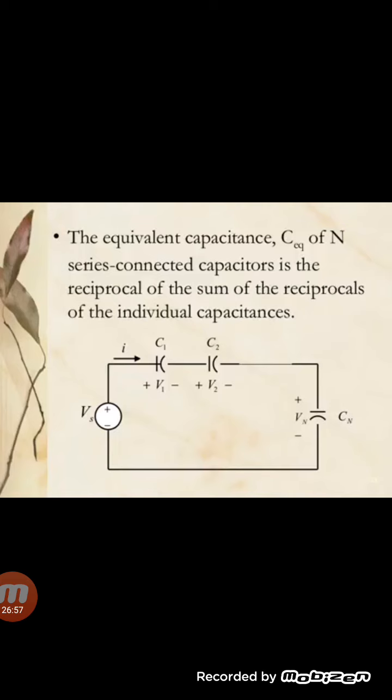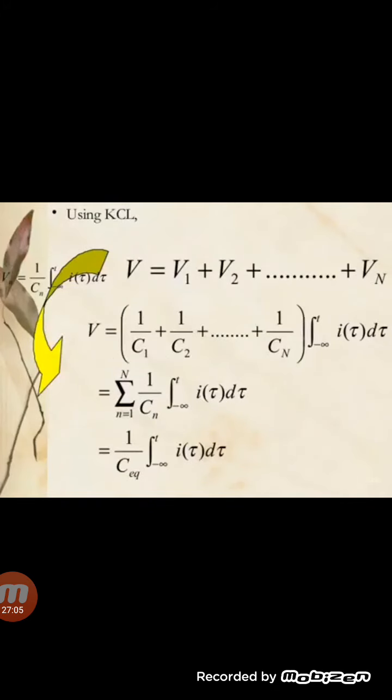Vs is equal to potential 1, potential 2, potential up to so on. Now we will see how these are related. We will use Kirchhoff's voltage rule.